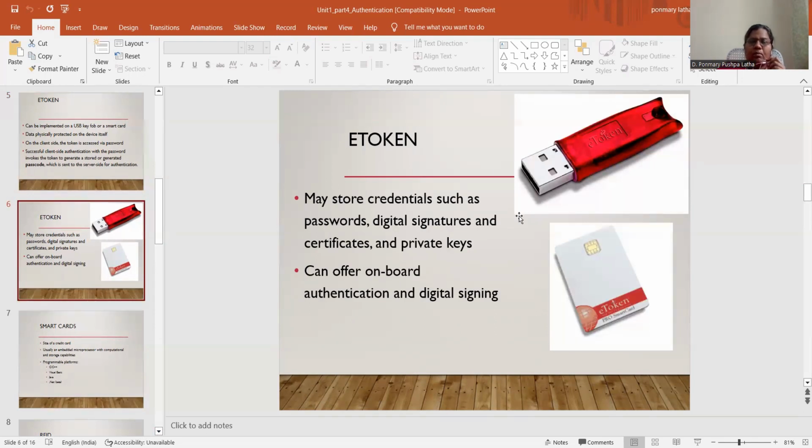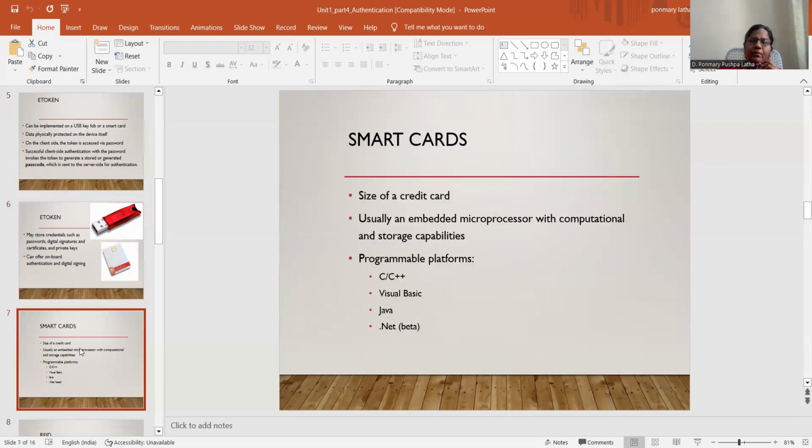It can store credentials such as passwords, digital signatures, certificates, and private keys. It can offer onboard authentication and digital signing, so you can sign digitally.